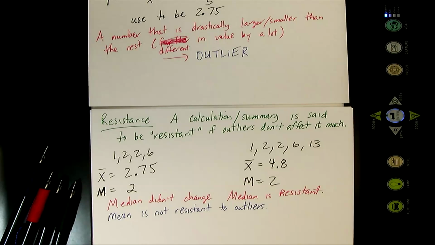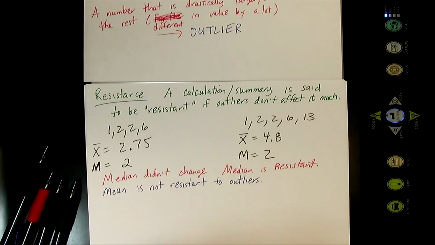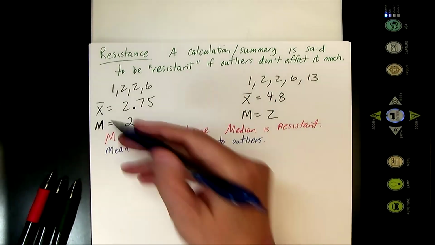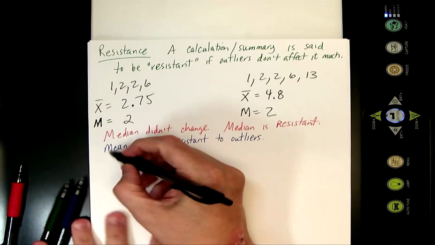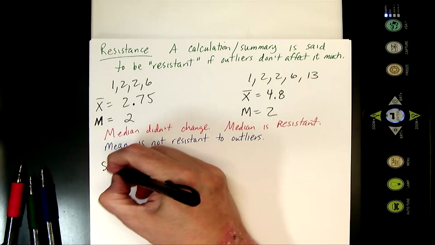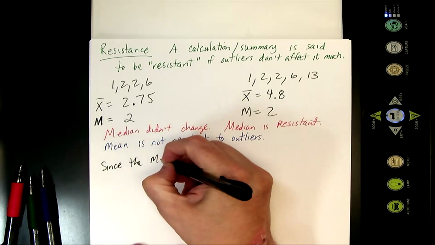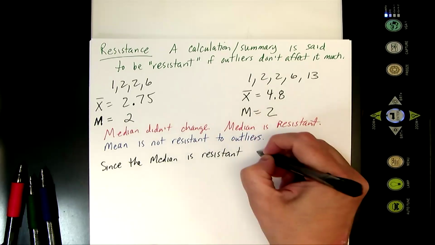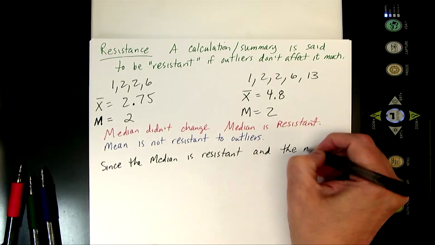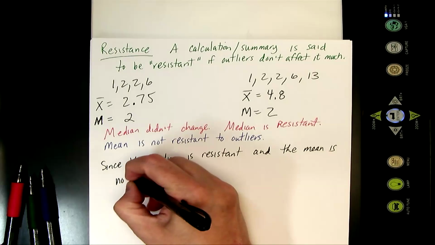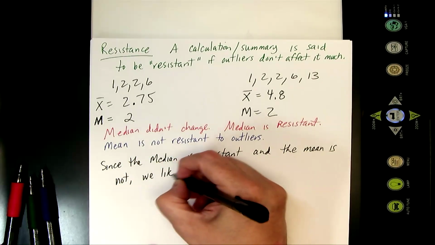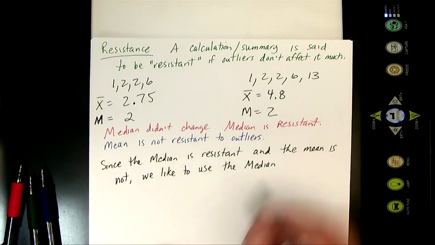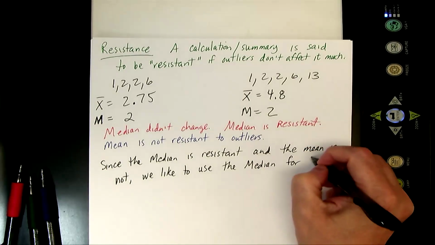It's also a good example of why we like to choose median over mean. We're gonna go back to our picture in a second, but since the median is resistant and mean isn't, we like to use the median for the measure of the center.